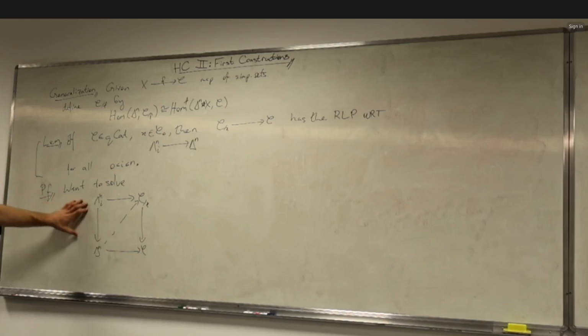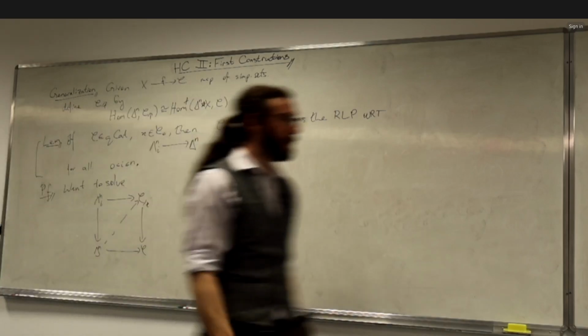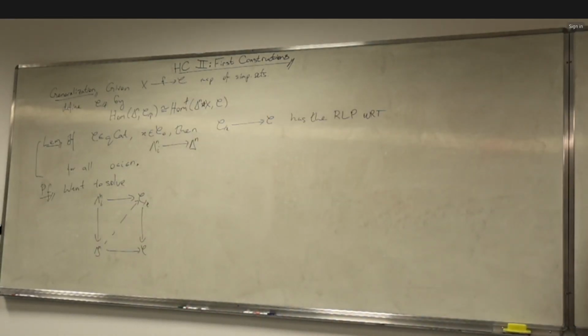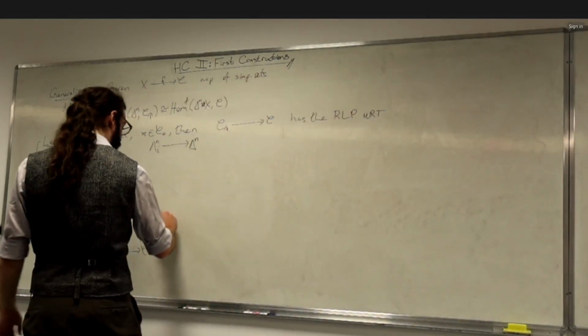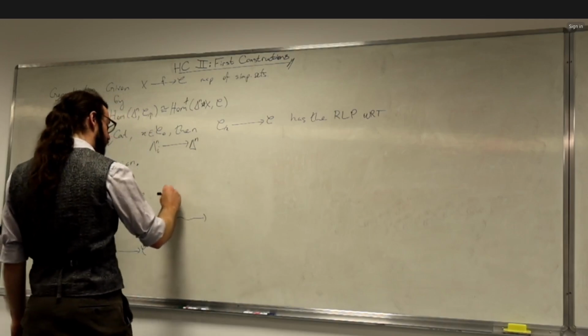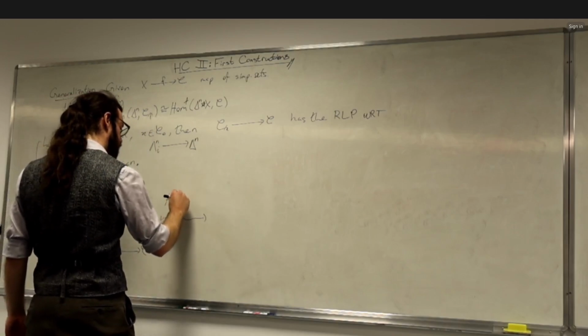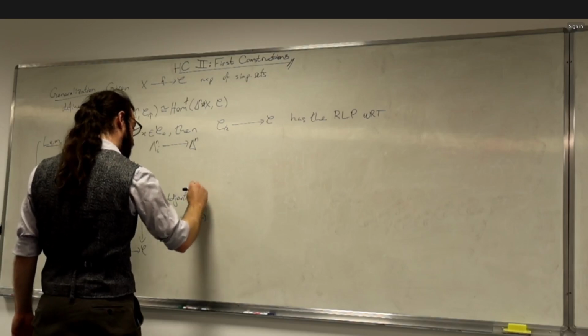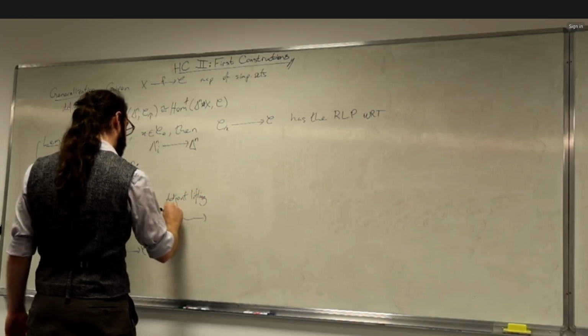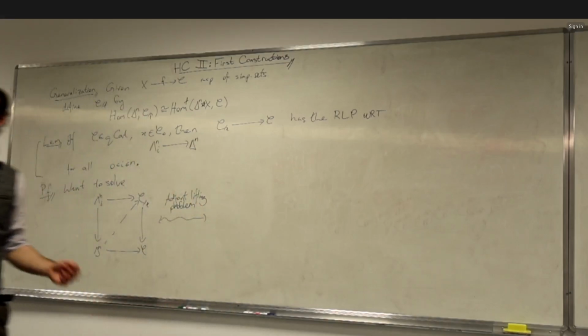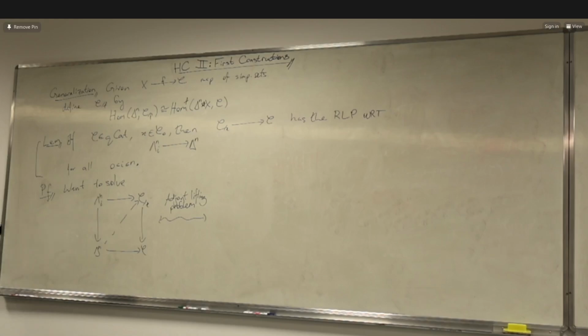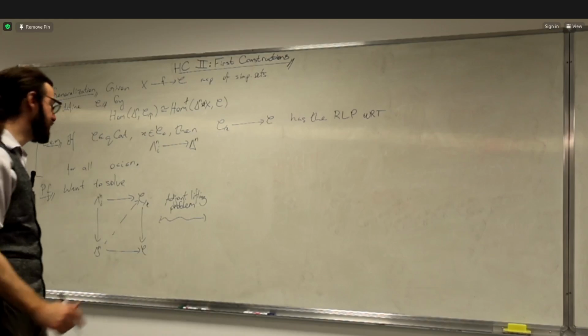So what we're going to do is use the fact that we defined this slice quasi-category via adjunction to pass to what's sometimes called the adjoint lifting problem. So what is this?